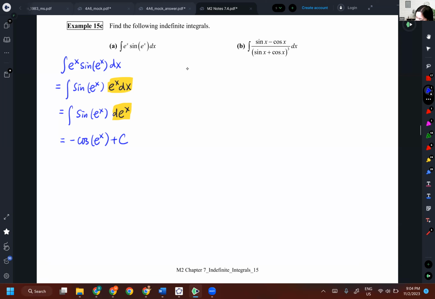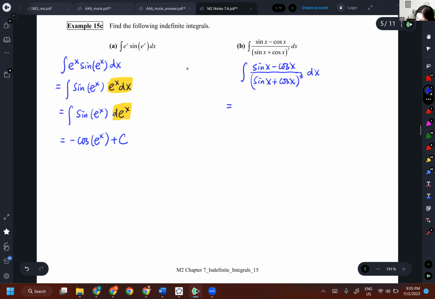The last one. Sine x minus cosine x over sine x plus cosine x cubed dx equals 1 over sine x plus cosine x cubed times sine x minus cosine x dx.